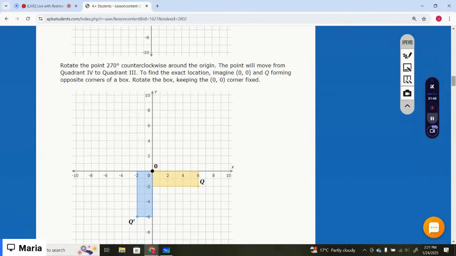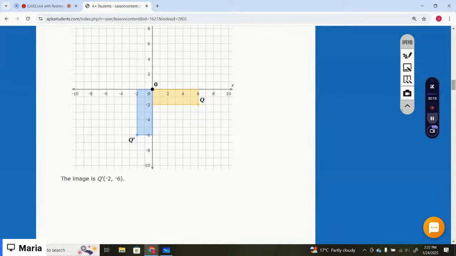When you rotate the point 270 degrees counterclockwise around the origin, the point will move from quadrant 4 to quadrant 3. To find the exact location, imagine 0, 0 and Q forming opposite corners of a box. Rotate the box keeping the 0 corner fixed. So you just have to rotate the point like this, starting from here and rotating to here.